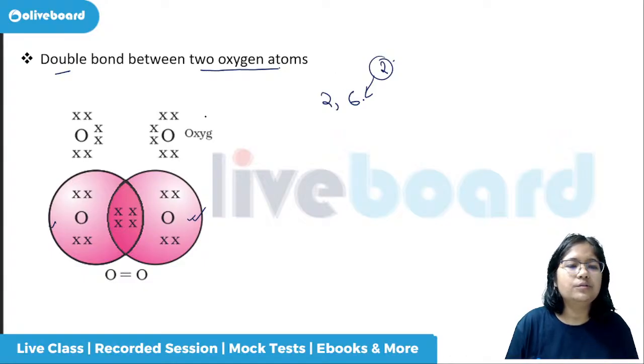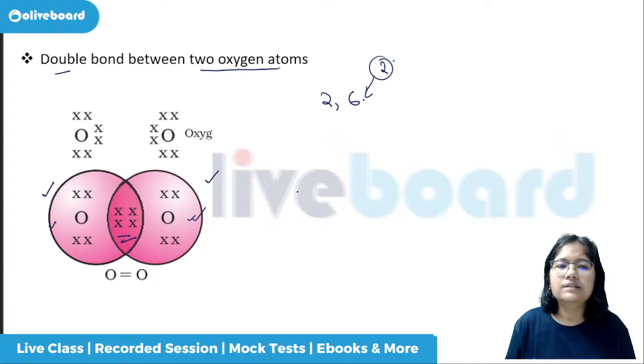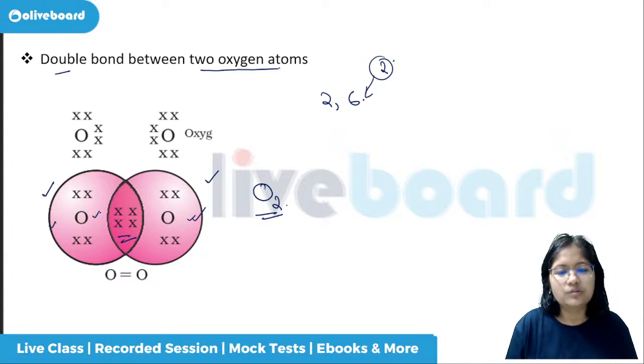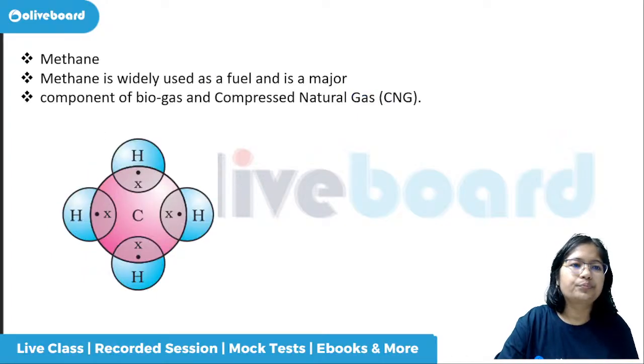Or what you can do is, if there is one oxygen and another oxygen, and if they are forming a double bond between the two oxygens, then they will simply form the oxygen molecule. So this double bond will ensure, you see here, that this one will also have the stability and this one will also have the stability, and thereby forming the O2.